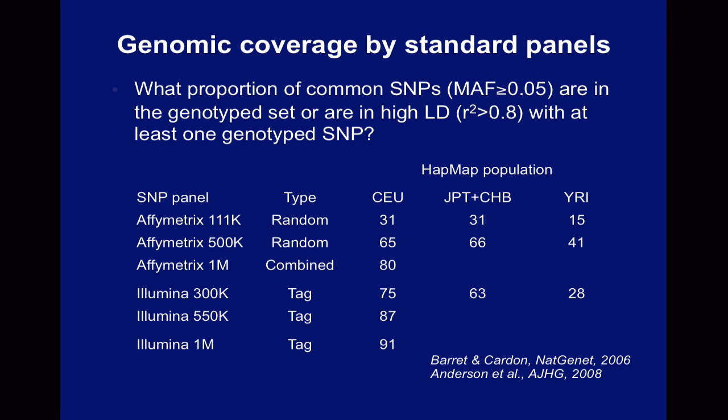And this happened because this chip was specifically designed to capture the variants in Europeans, while in Africans and also in Asians the structure of linkage disequilibrium is different and it works not so well.